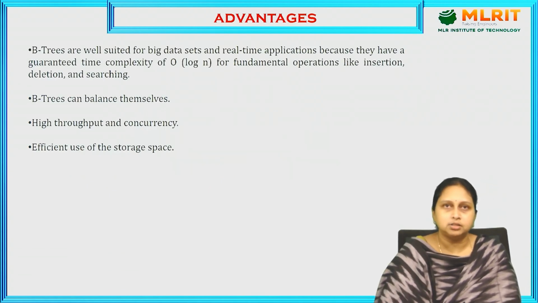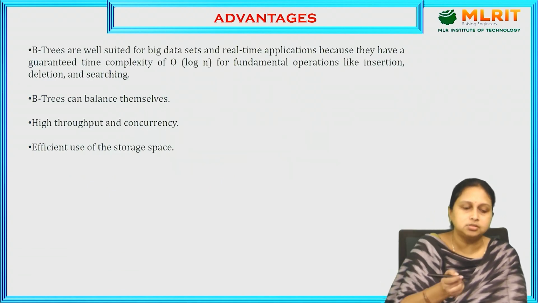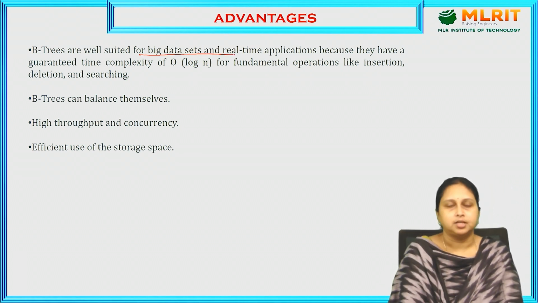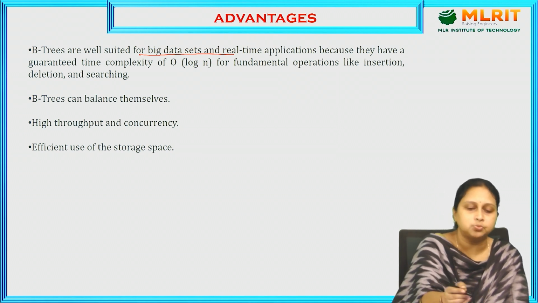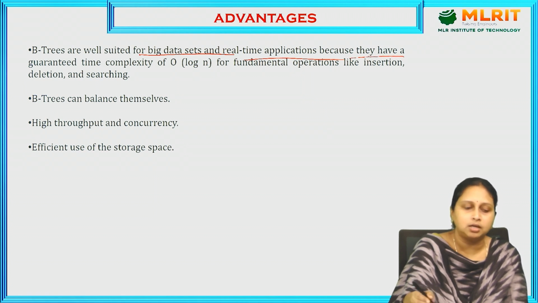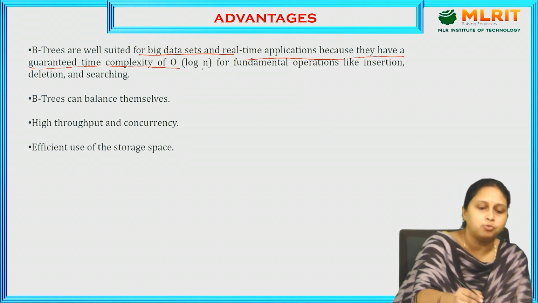When you look at the advantages of B-trees, they are well suited for big data sets. For big data sets, we can use these B-trees, and in real-time applications too, because they have a guaranteed time complexity.